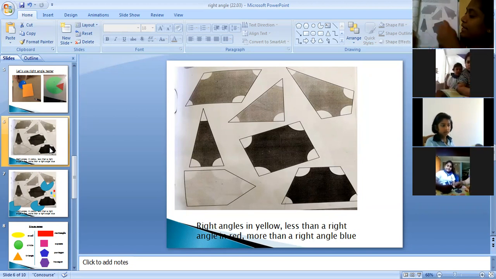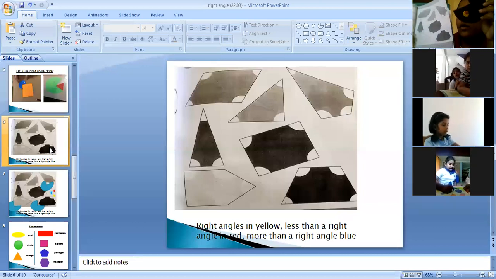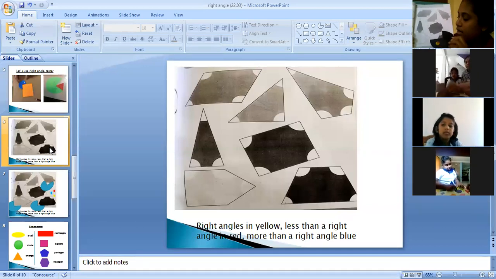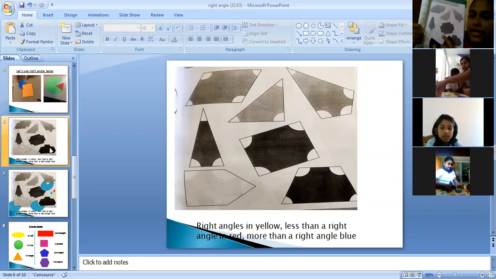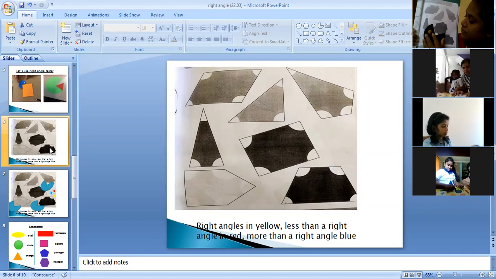Now I'm going to check whether these corners are right angles. So first have a look. I'm going to fit this corner with this. If I'm going to check this corner, I should fit these two sides on my right angle tester with the sides of the shape. Here look at this.